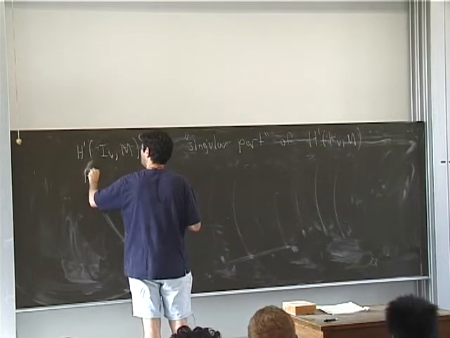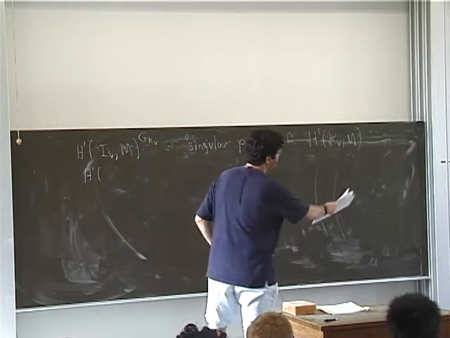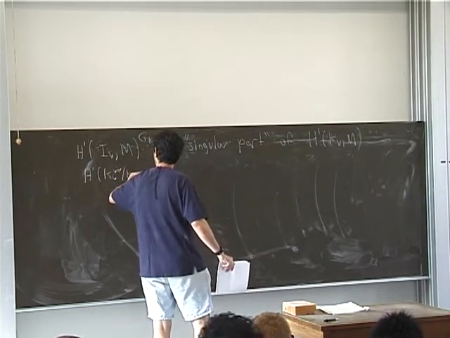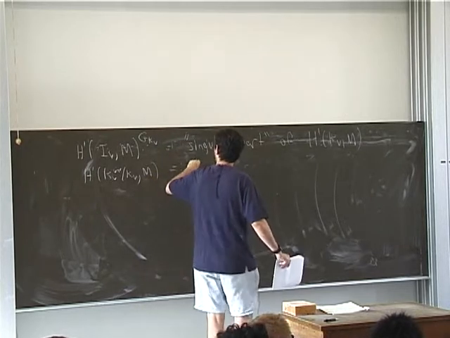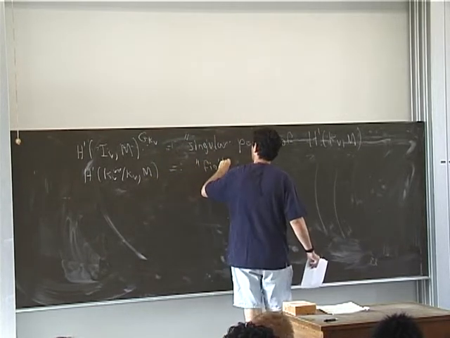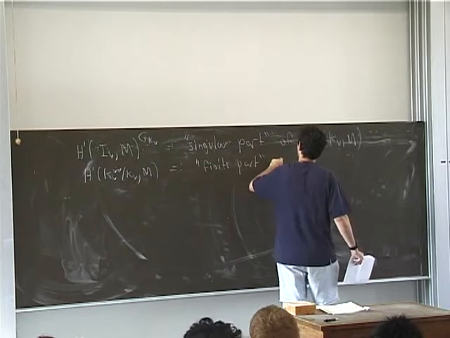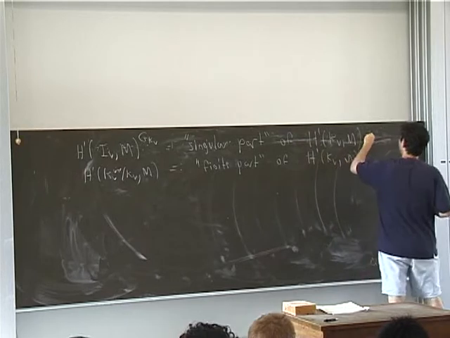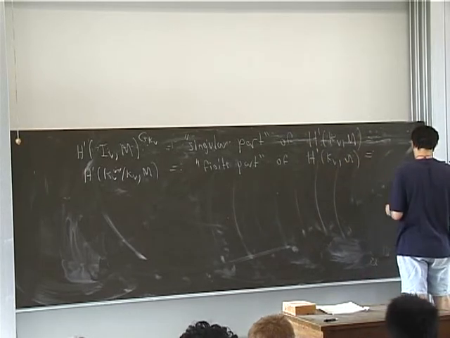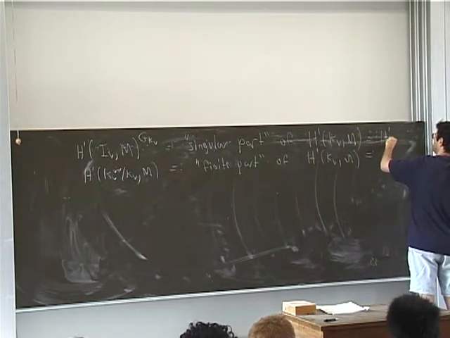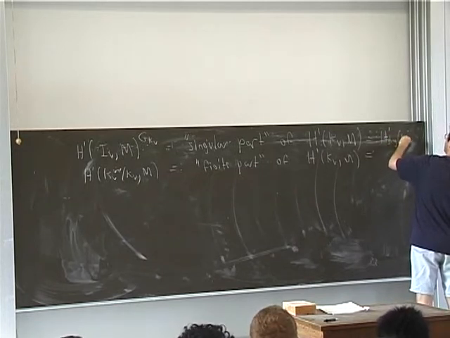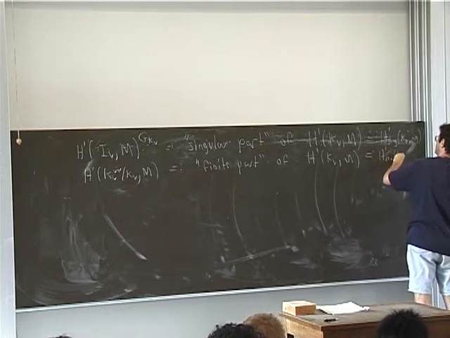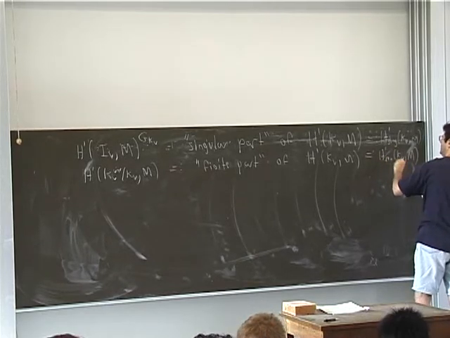And then this kernel, the group H^1(K_v^unram over K_v, with values in M), I'll call the finite part of this H^1(K_v, M). I'll call this one H^1_singular(K_v, M), and this one H^1_finite(K_v, M).